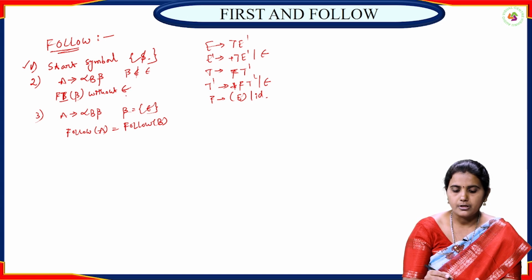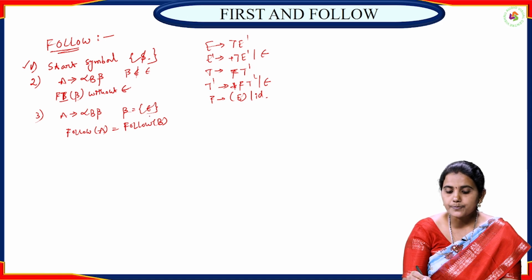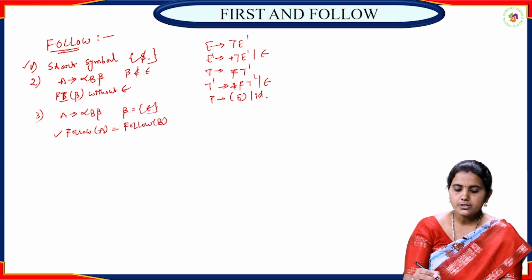Then the third one: A implies alpha B beta, where beta is epsilon, meaning beta is not present in your production. In that case, your output is follow of A equals follow of B.